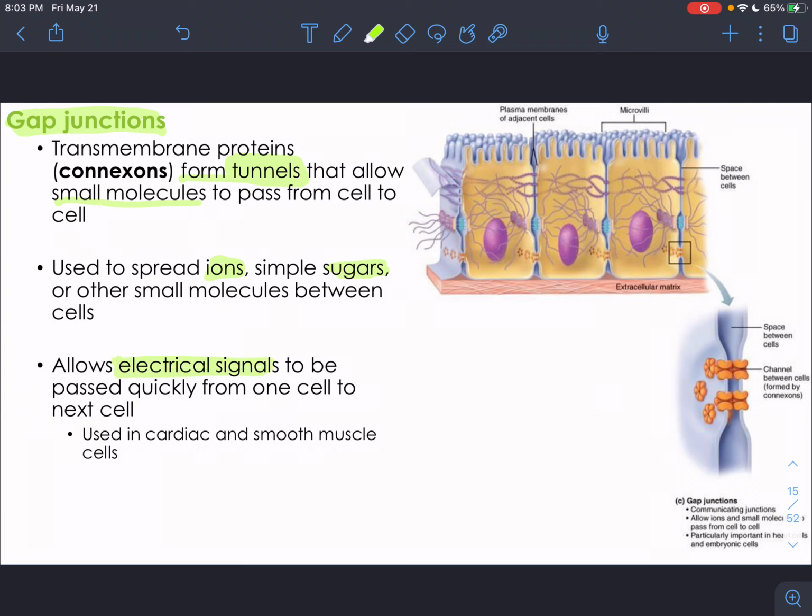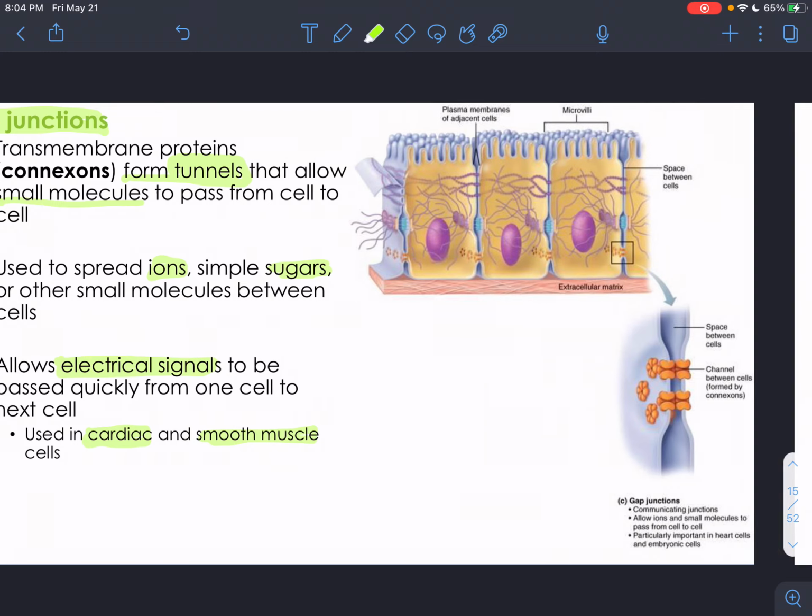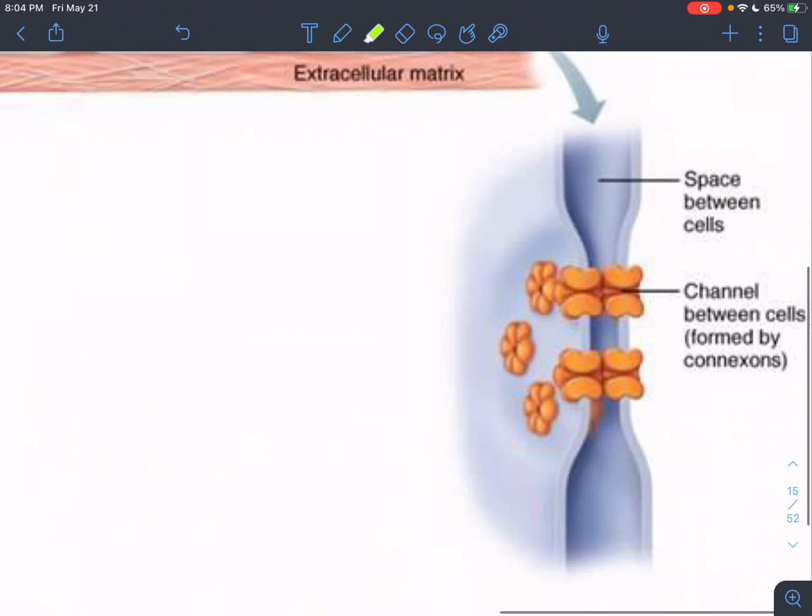Okay, so for example, it says right here, cardiac and smooth muscle, you're going to find a lot of gap junctions because in those muscle cells, you want all of the muscle cells of your heart to contract at the same time, right, to pump blood efficiently. So these channels allow that to happen.